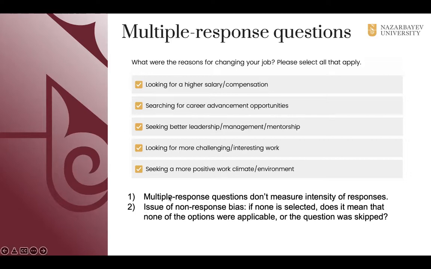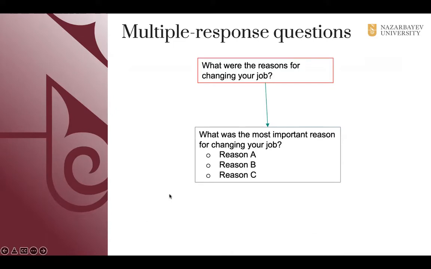Of course, there are cases when you have to use it, and that's okay, but please always try to consider changing it into a categorical question. So asking about what was the most important reason for changing your job, and the respondent will select only one reason among the list.